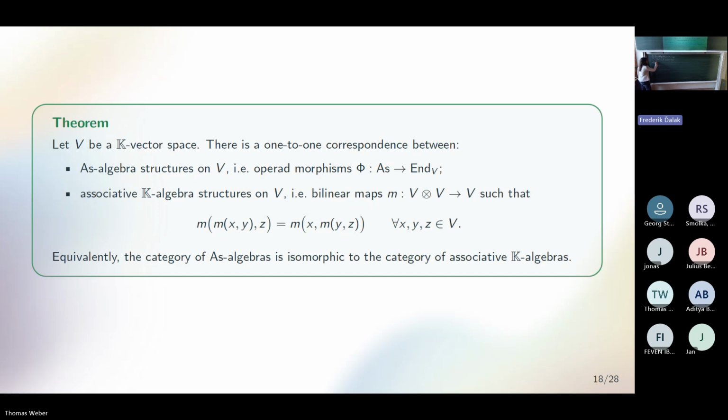Then we will define a functor in the other direction, say G, from the category of associative algebras to the category of algebras over the operad As. And again, we will check that G is well posed as well. And finally, we will check that F and G are inverse to each other.